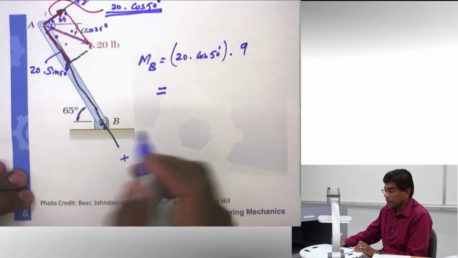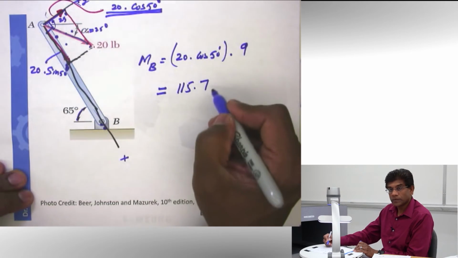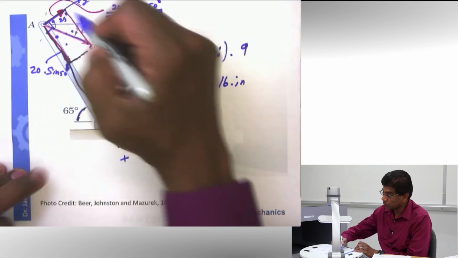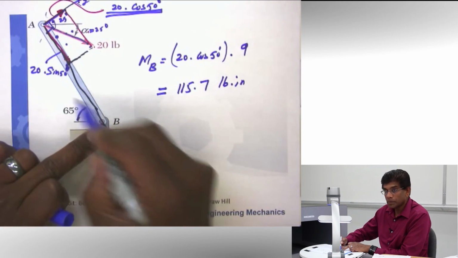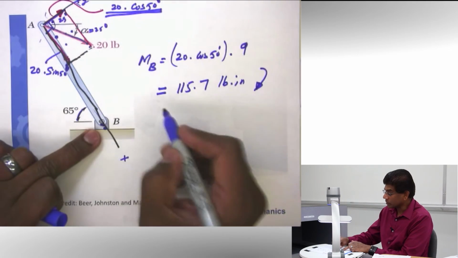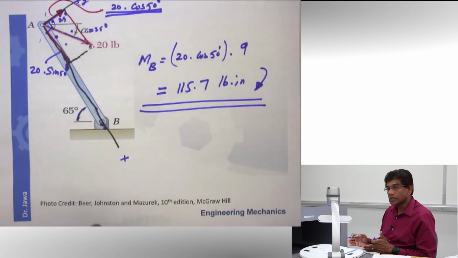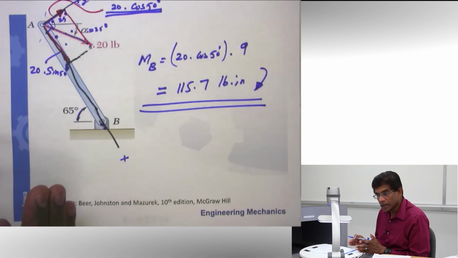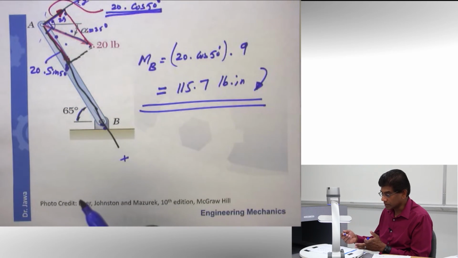And if you did the math, you would find this is still equal to 115.7 pound-inches. And as you can imagine, this force is trying to rotate this object about point B in a clockwise direction. That's the answer. So what we have done is solve the same problem by finding the perpendicular distance in the first instance, and by resolving the force in the second instance.